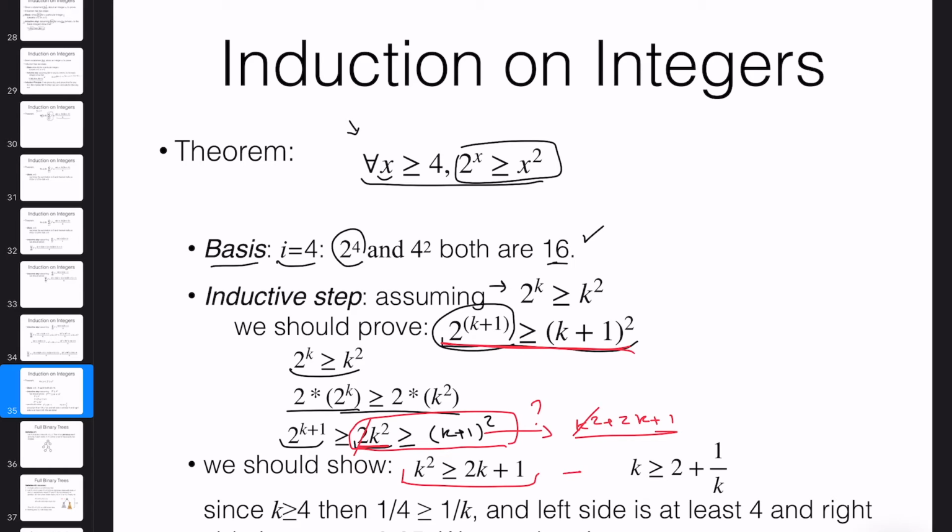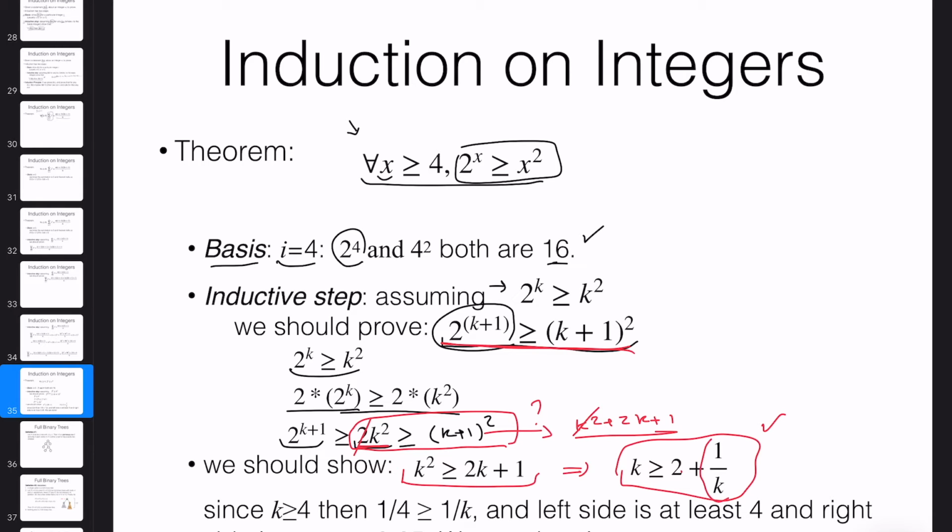Again, I can simplify this and reach this one, that k is greater than or equal to 2 plus 1 over k. And this one is simple to prove. Why? Because we know that k is going to be some positive integer greater than or equal to 4, right?